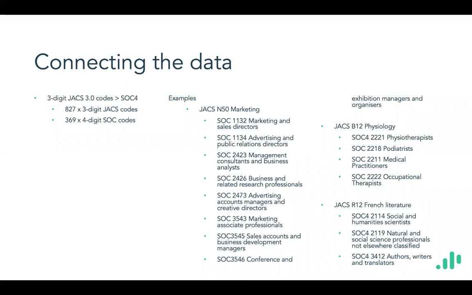So in EMSI's labour market research tool Analyst, for example, we provide a 3-digit JACS code mapping to 4-digit SOC codes. As I said before, those are the most granular definition of occupations within the official economic statistics. And this provides a really helpful starting point in generating those links.